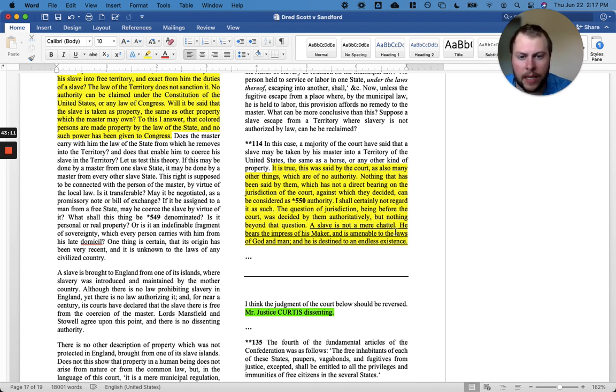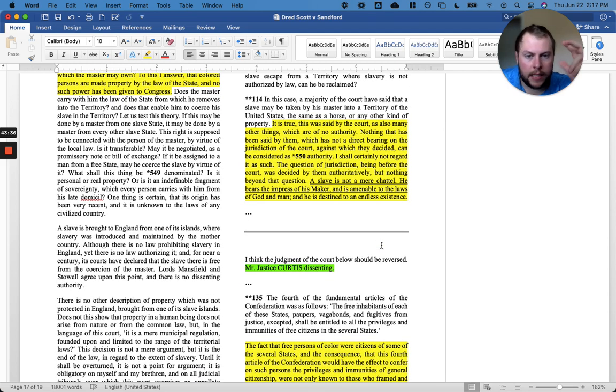I shall certainly not regard it as such. The question of jurisdiction being before the court was decided by them authoritatively, but nothing beyond that question. So as soon as you get past that jurisdictional question, all this other stuff, obiter dicta, we shouldn't have to even consider it. Why are we going that far above and beyond when that's not even the question presented to the court?